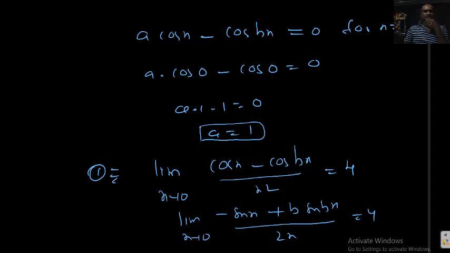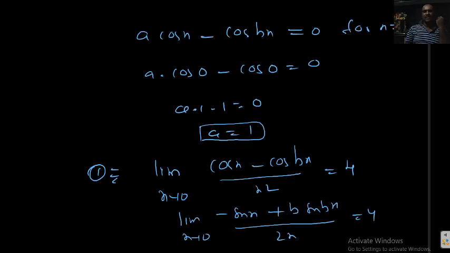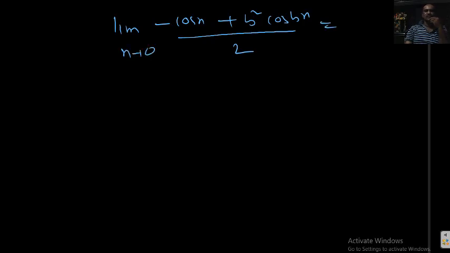Again 0 by 0 form, again I want to use L'Hopital. So the limiting value of (minus cos x plus b into b cos bx), this b and that b give b square, so plus b square into cos bx, by 2, x tending to 0 should be 4.